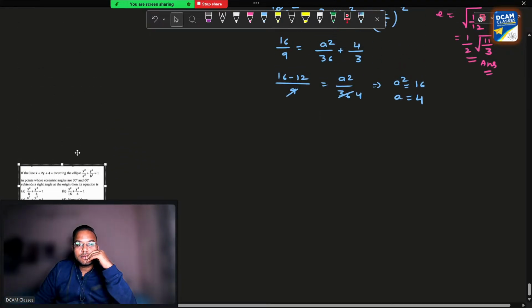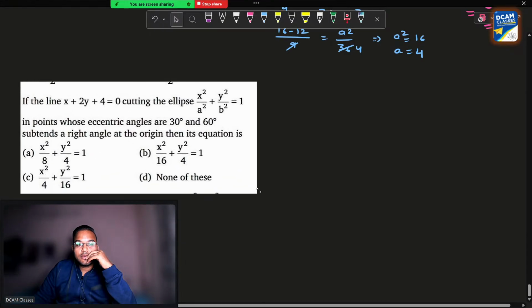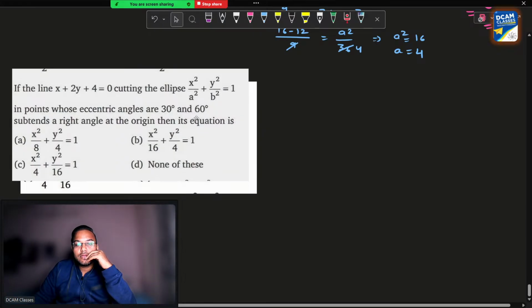Try to see this. Try to solve by yourself. Don't look at the solution. But I'll be solving this question after a few minutes.